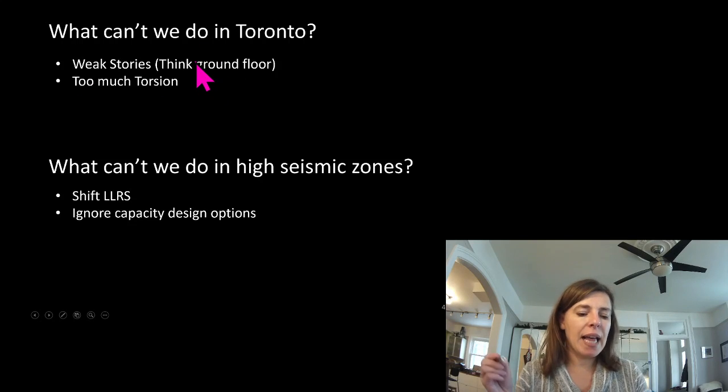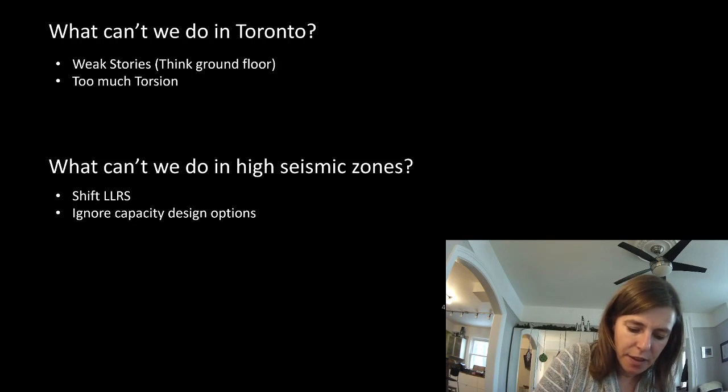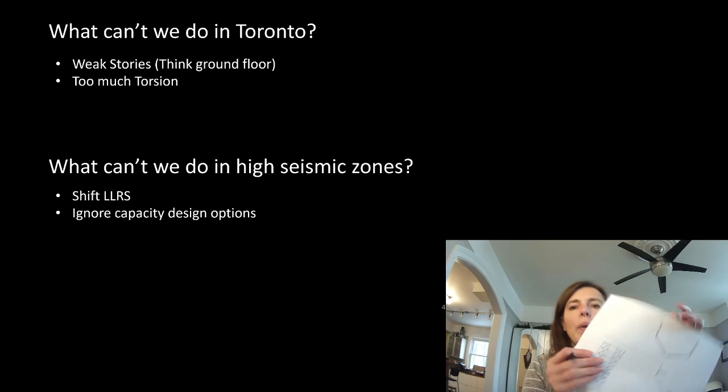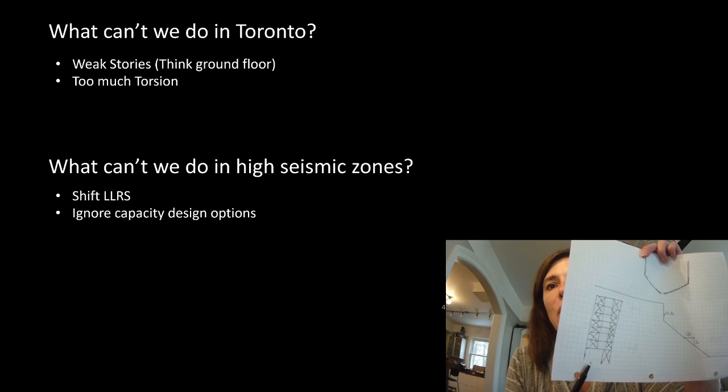So if we have a really tall building, for example, and we had brace frames coming all the way down our building, but then we wanted a big open area on this floor.